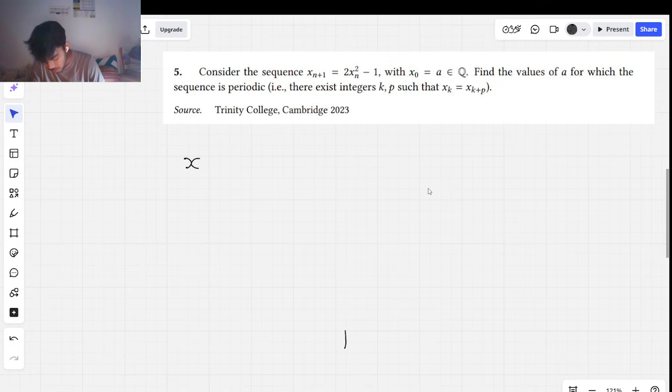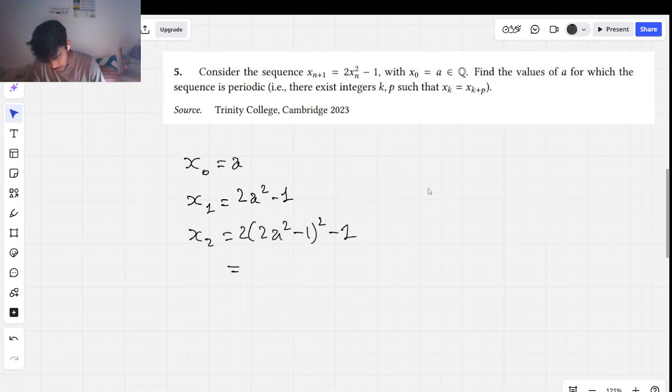So I know x naught is equal to a. X1 therefore must be 2a squared minus 1. And it follows that x2 is going to be x1 squared times 2 minus 1. And it is going to be quite long to work out.